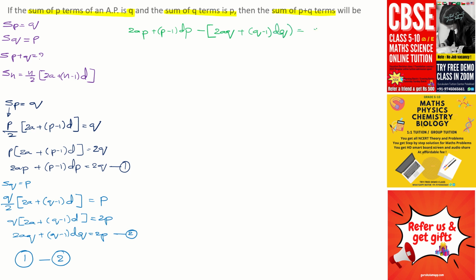You have to write it in the bracket itself, equal to 2q minus 2p. Because there is a negative sign, all the signs inside this bracket will get changed.